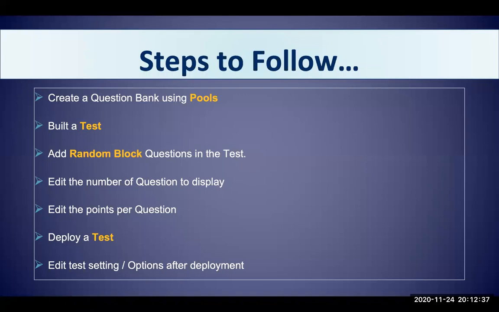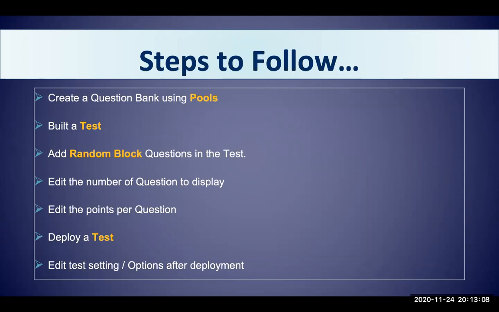In between, there are two different options available: add a random block or a question set, and add the number of questions to display and the points per question. There are two options at the time of building a test, and we will understand both of them in detail in the coming slides.